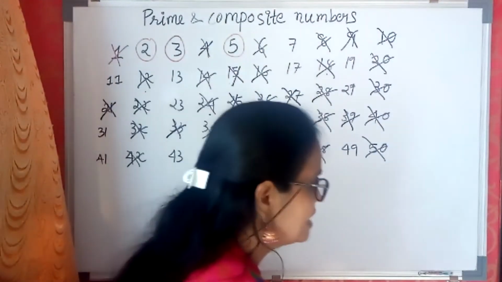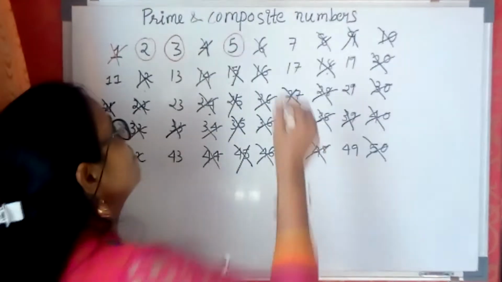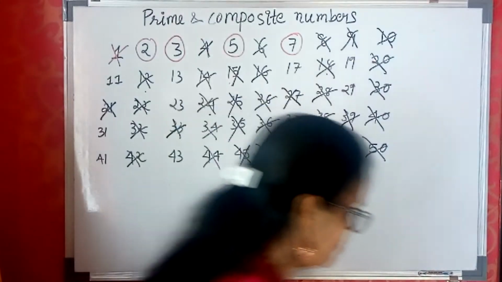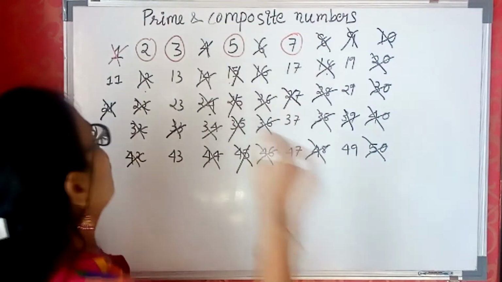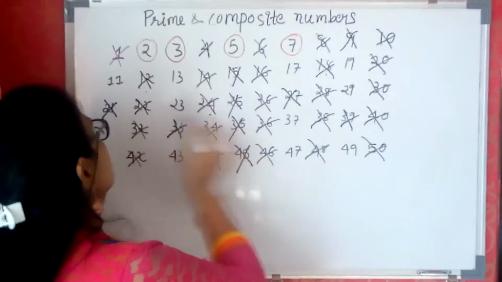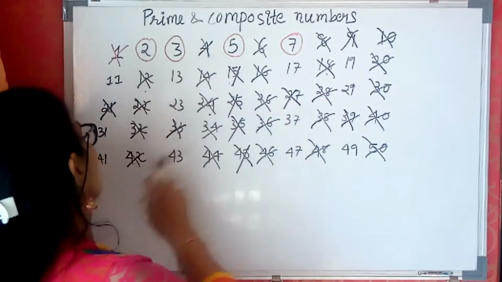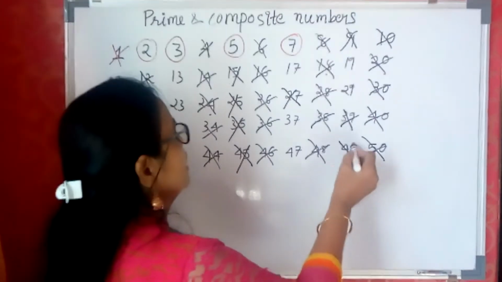Right? The next is to encircle the number 7 and cross out the multiples of 7. That is 14, 21, then 28, 35, then 42 and 49.